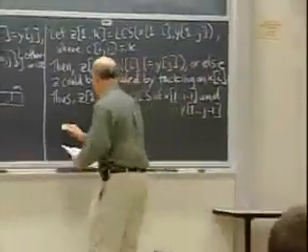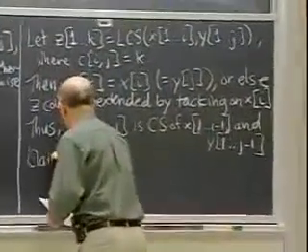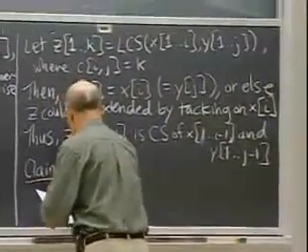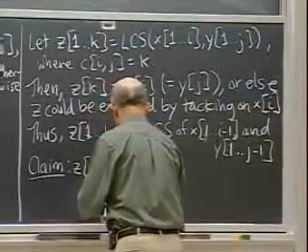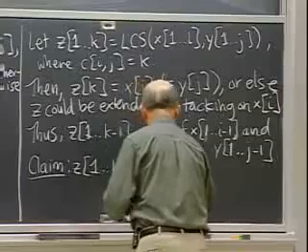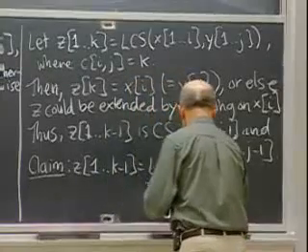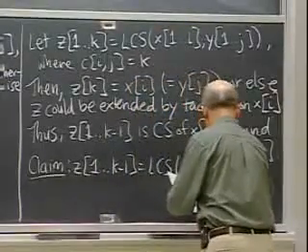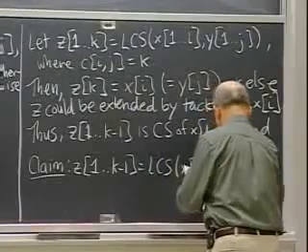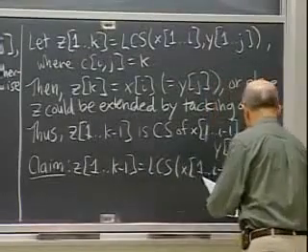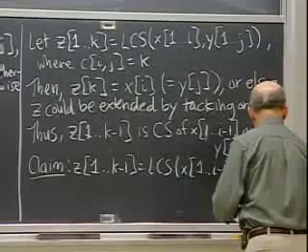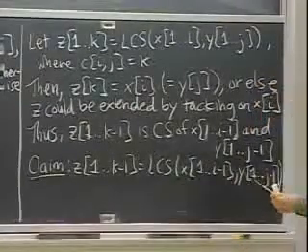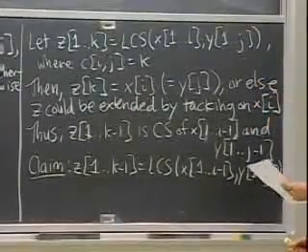So that's what we claim: z of 1 up to k minus 1 is in fact a longest common subsequence of x of 1 to i minus 1 and y of 1 to j minus 1.